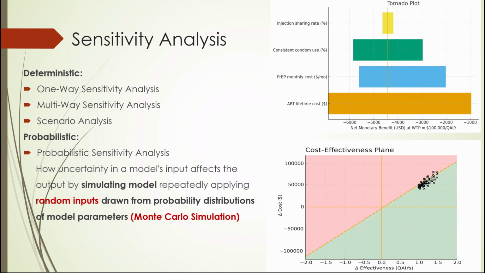If we put all those uncertainties together and simulate the model repeatedly, applying random inputs drawn from probability distributions of all the model parameters, which is also called Monte Carlo simulation, we are able to see the probability of cost effectiveness of interventions. In this case, for instance, you can see on the line that almost 80% of the time, the intervention is cost effective.